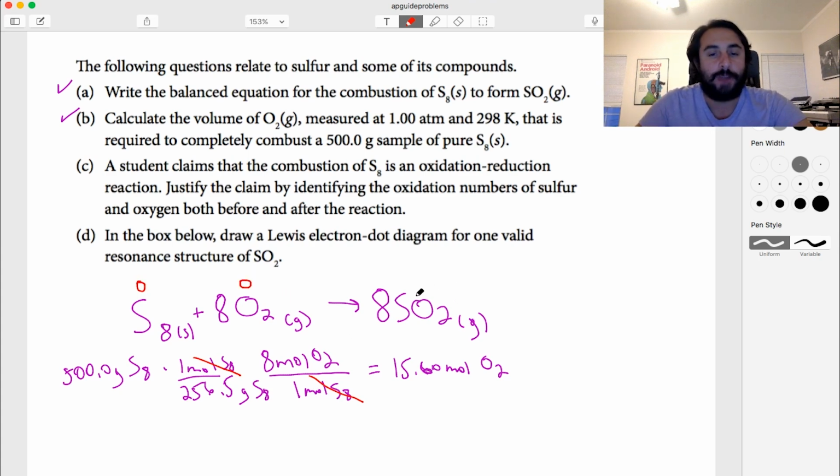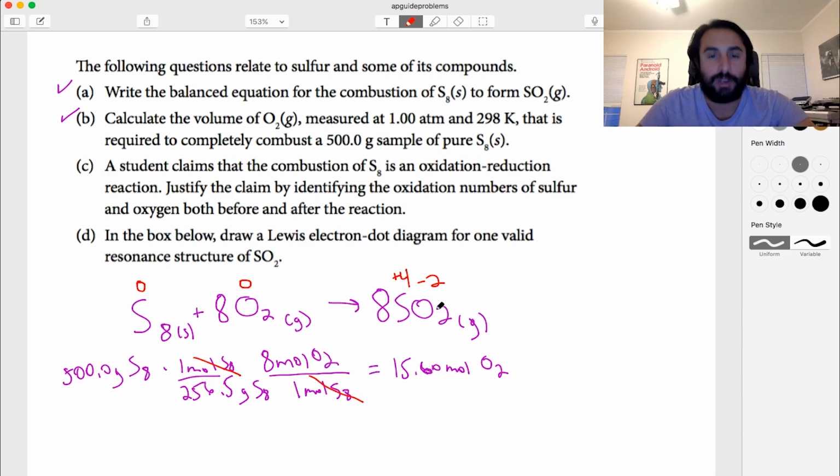And now in the product SO2, we know that oxygen is almost always -2, right? Unless it's part of peroxides or something like that, we can count on oxygen as being -2. And there are 2 of them. So sulfur must be +4 to get this to add up to 0 altogether.